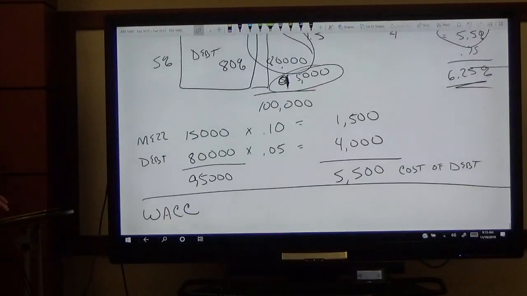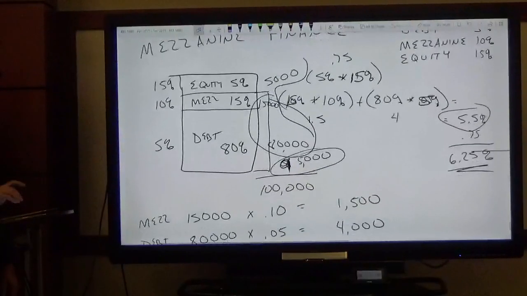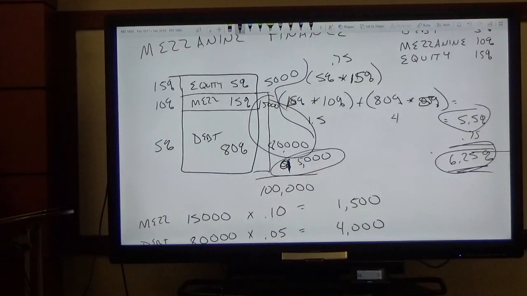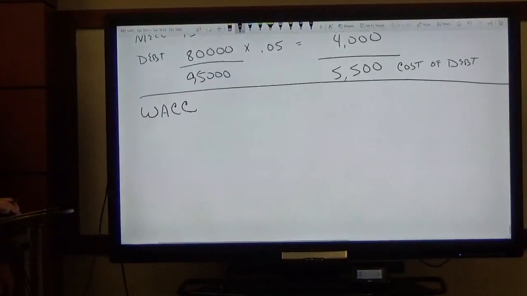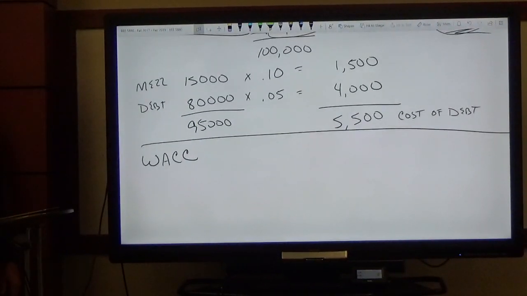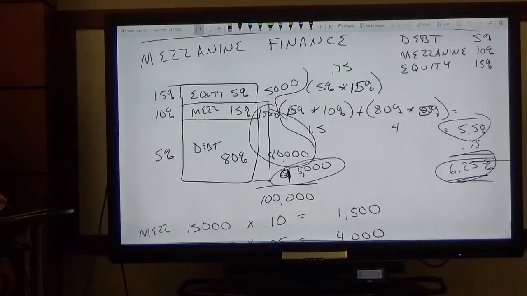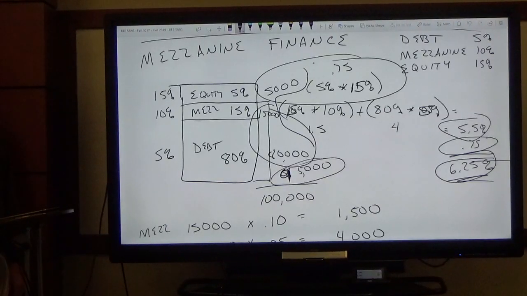So the overall weighted average cost of capital is the 6.25, because we added in the equity, 0.75, which includes the equity. The 5.5 is the cost of debt, plus this, which is adding in our cost of equity, or our return on equity.